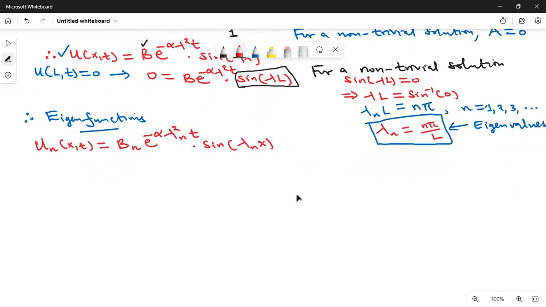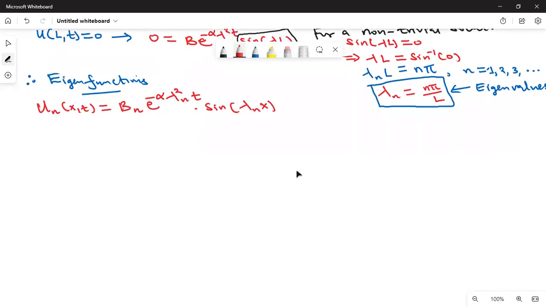And if you replace the lambda n because you have found it, that will be equal to Bn exponential negative alpha times n pi over L squared t times sine n pi over L x.